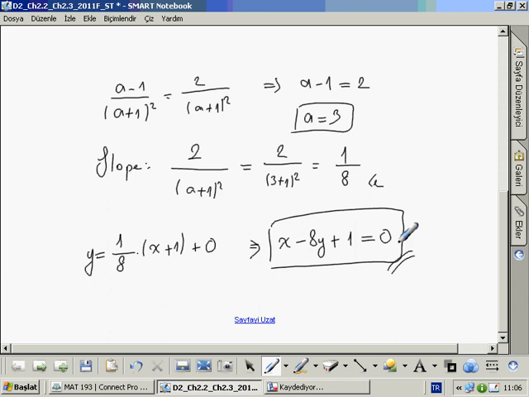Okay, now we can continue with another subchapter about differentiation, which is the chain rule.